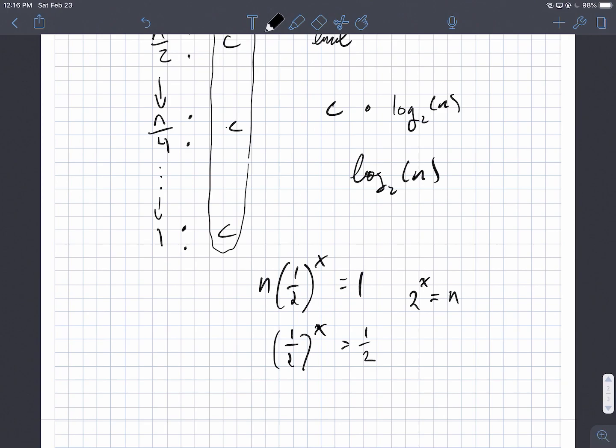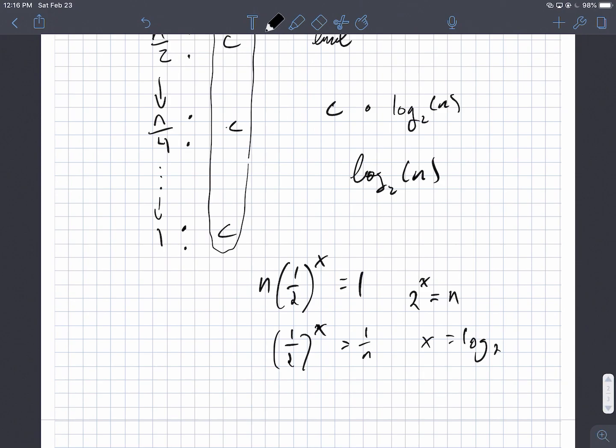n. Oh, yeah. And log both sides. Log base 2 of 2 to the x is just x.